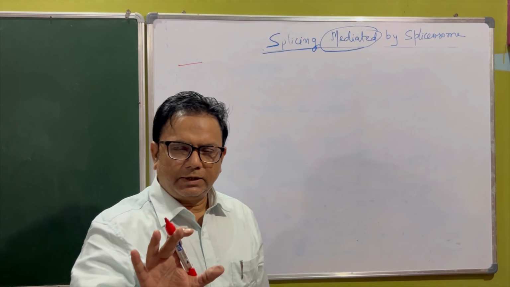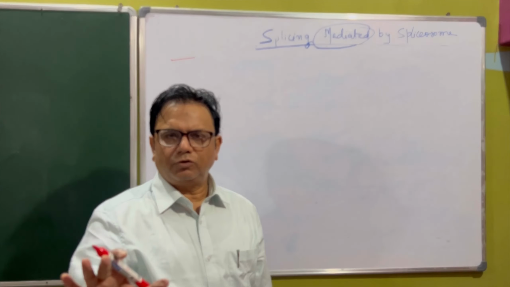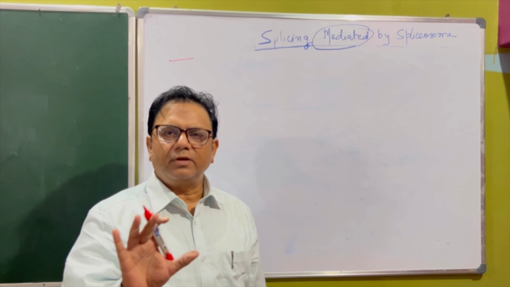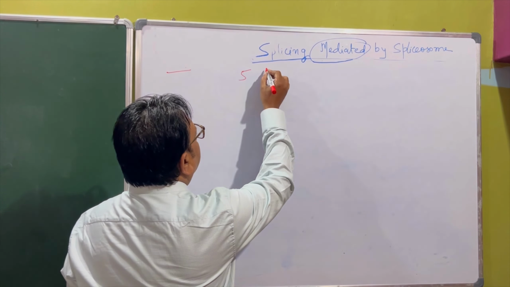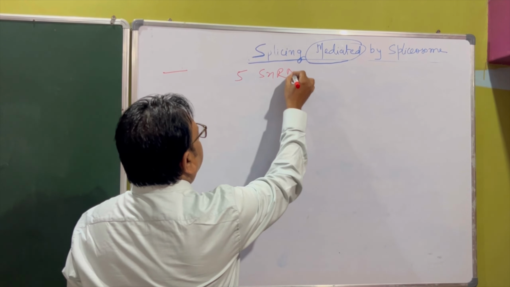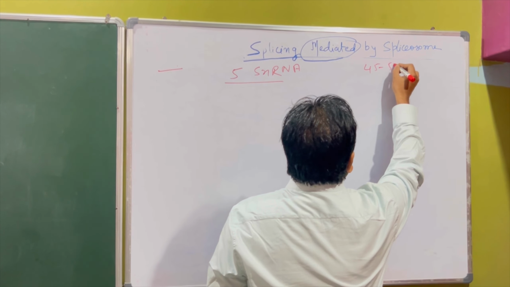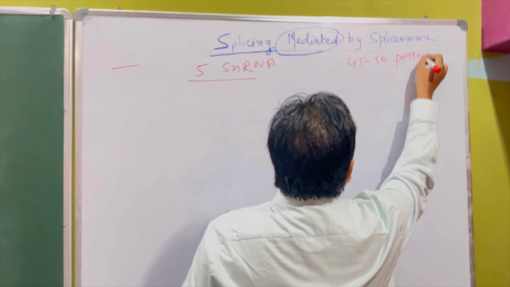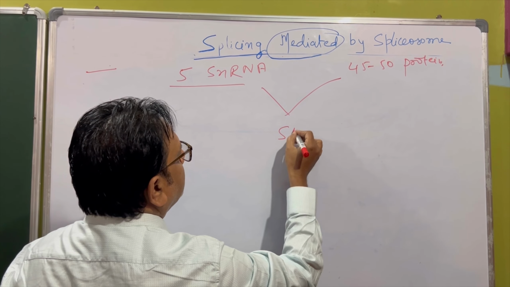We already said that when you talk snRNA, they are associated with proteins to form SNRPs. Now, the question is, you have only 5 snRNA, and you say that you have 45 to 50 proteins.